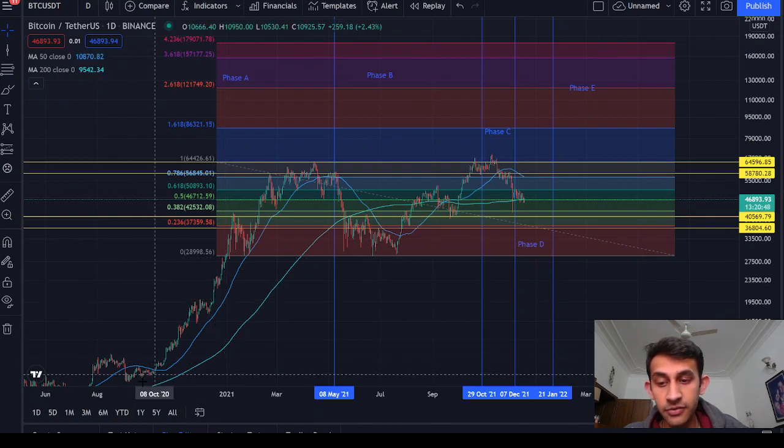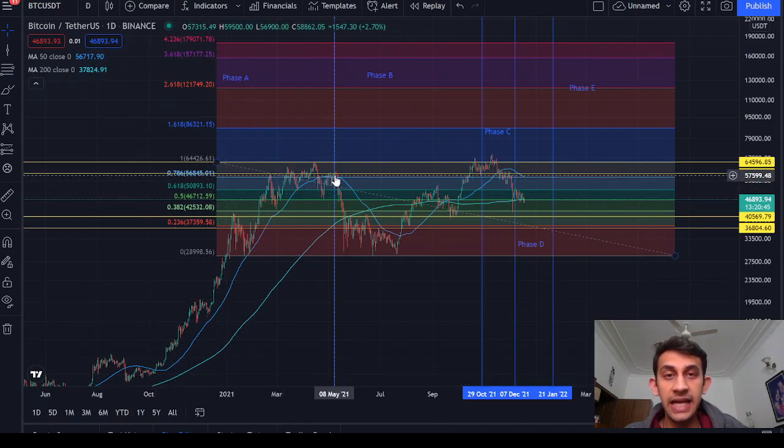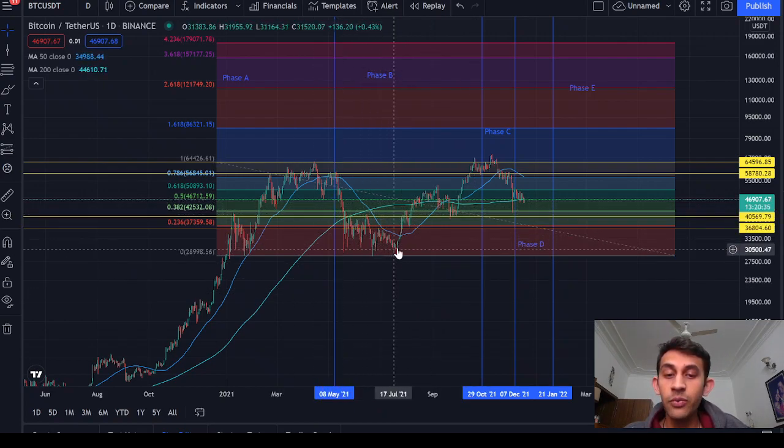We see that phase A lasted till the 8th of May, or basically May, where we see an all-time high. We try to break that all-time high again, but we fall down into an accumulation phase. After the accumulation phase, we see an uptrend. We see another uptrend where we create a pseudo high.